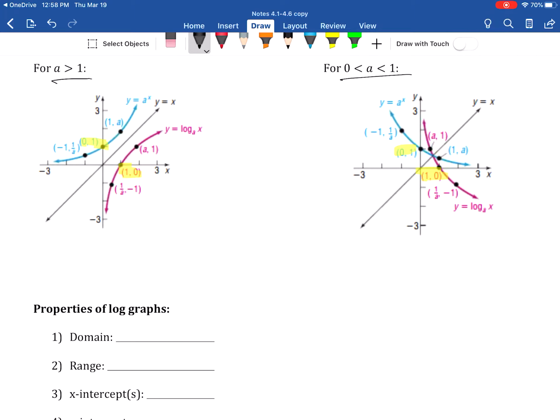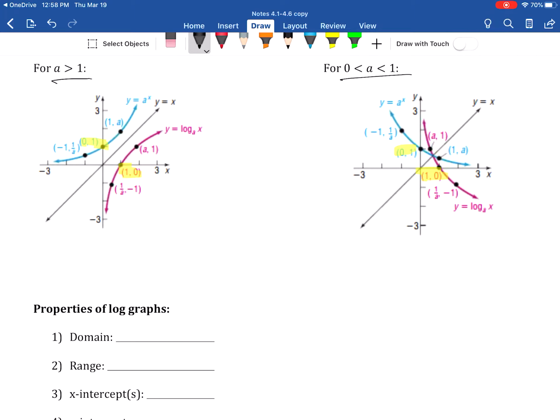In this case over here on the right, once again, the y-axis is your vertical asymptote for the log function. One thing you might notice as well is that the log function contains this x-intercept value, 1, 0, whereas it does not have a y-intercept. Okay, the domain for that log function now stays positive, whereas the range goes up and down forever. All right, so those are some of the properties you might notice on the log graph.